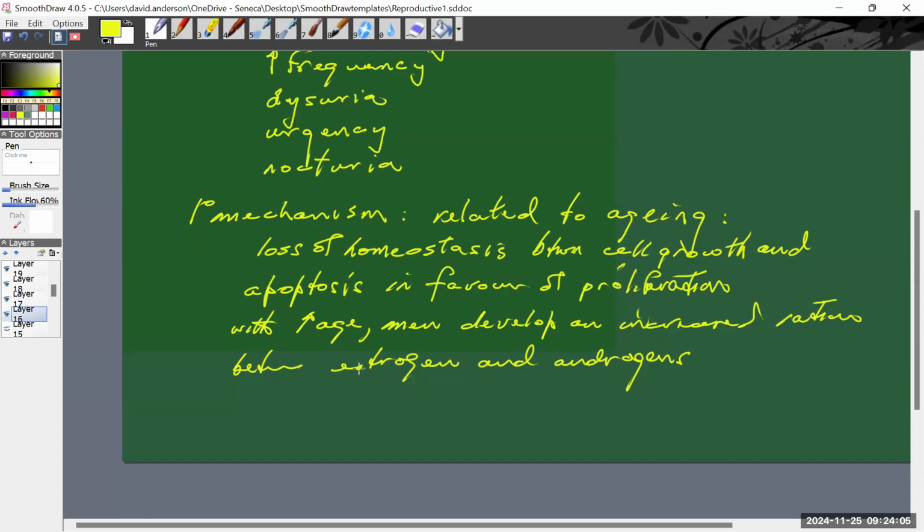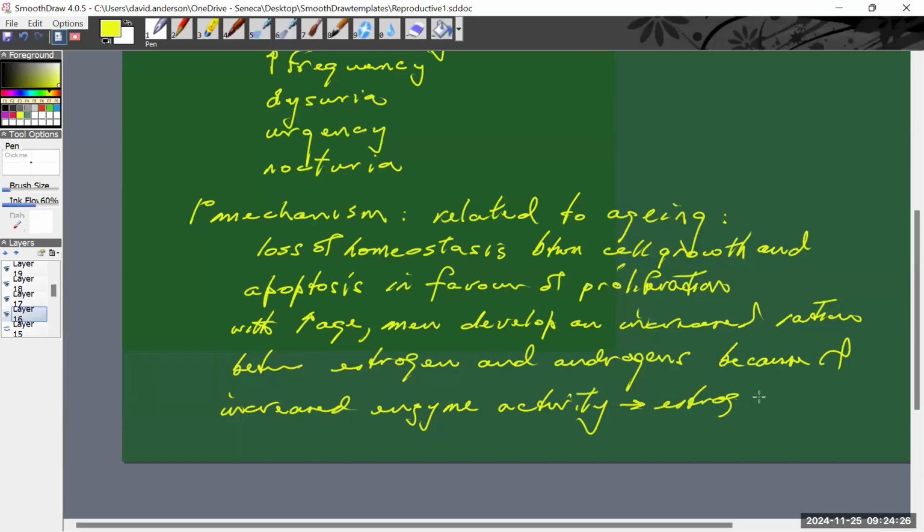So when we increase the ratio of estrogen to androgens because of increased enzyme activity, estrogen targets estrogen receptors on the prostate gland.